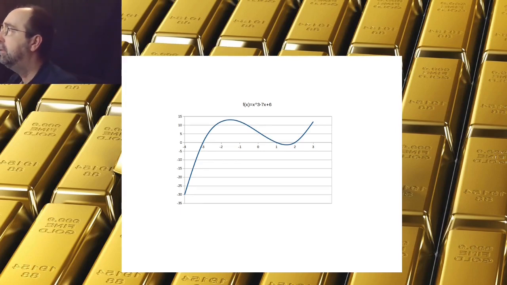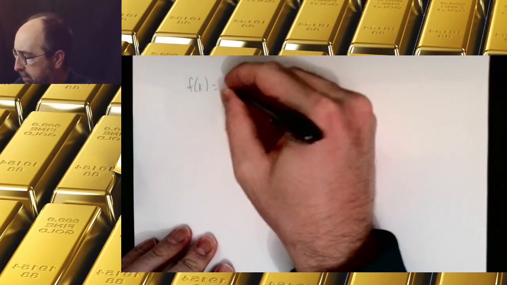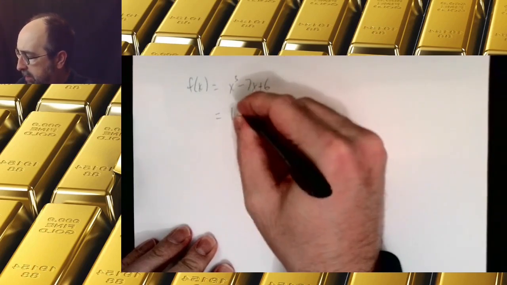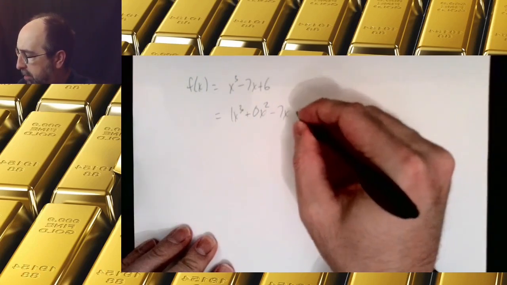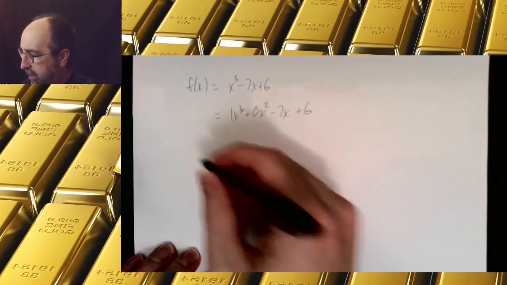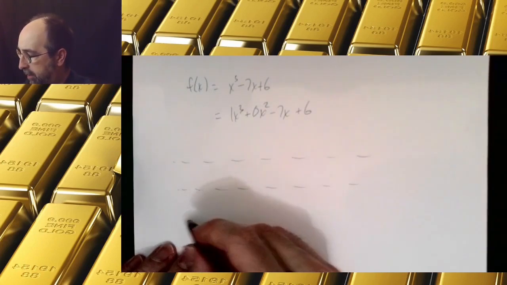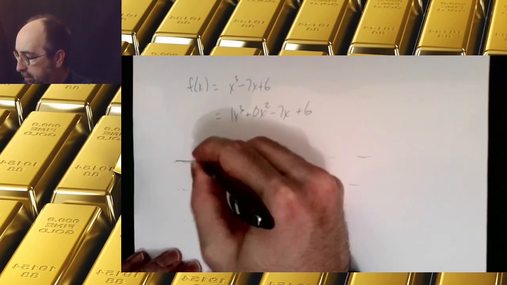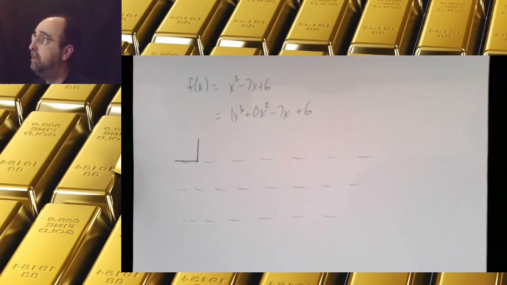So I think that I'll try to get this process going here by writing down f of x is equal to x cubed minus 7x plus 6, which is 1x cubed plus 0x squared minus 7x plus 6. Now the idea is that there's a first row, a second row, and a third row to the work we do in synthetic division. On this first row, the upper right corner is going to be a place to put one of the zeros that you choose.